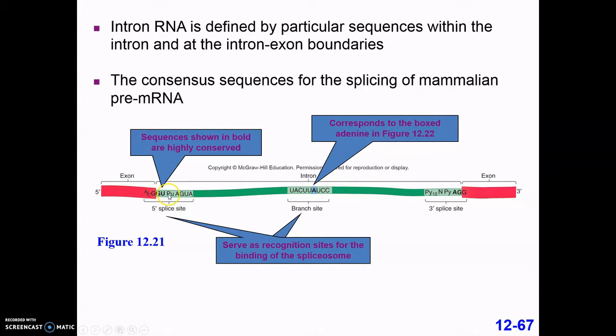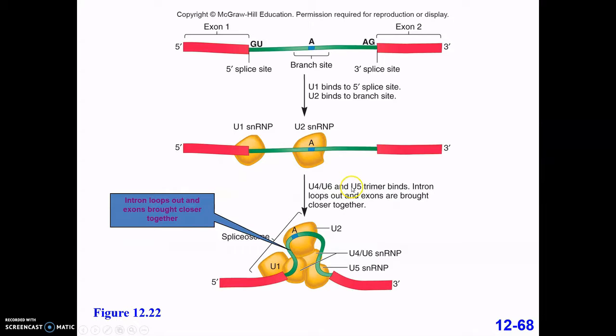Over here where you see Pu, that means that there is always a purine there, but it doesn't matter which one. And over here there's a pyrimidine, but it can be either one. And here it means that there's a stretch of 12 of those, but it doesn't matter which they are. So these are the actual sites.